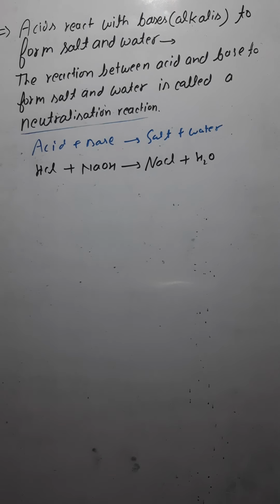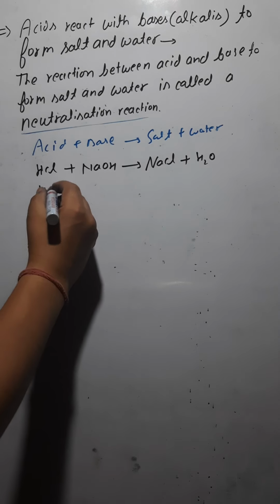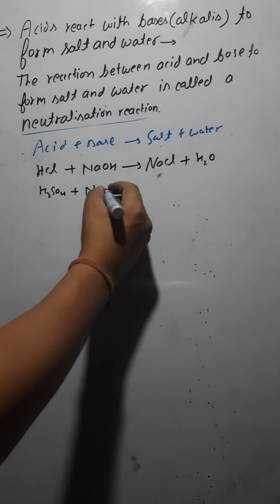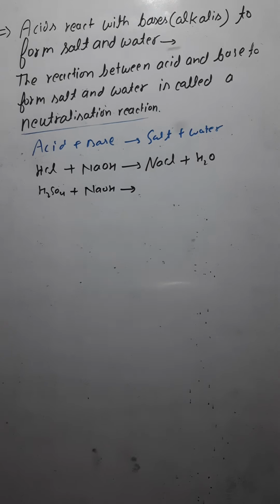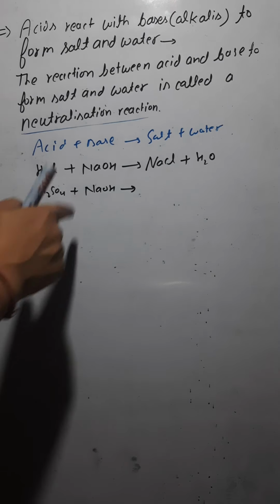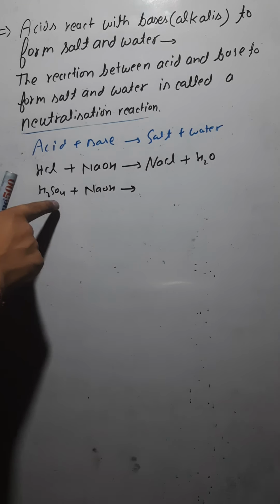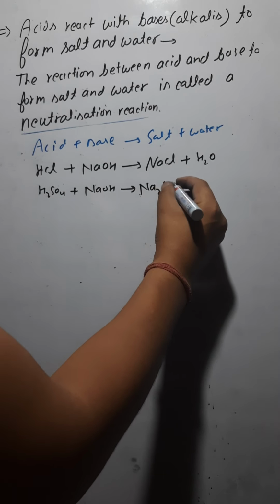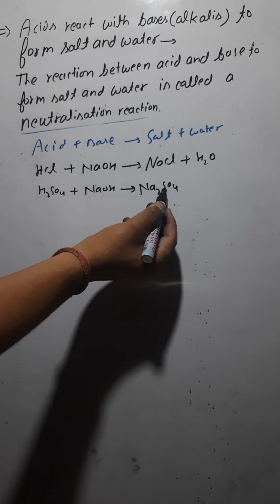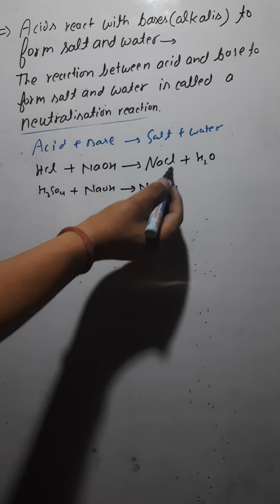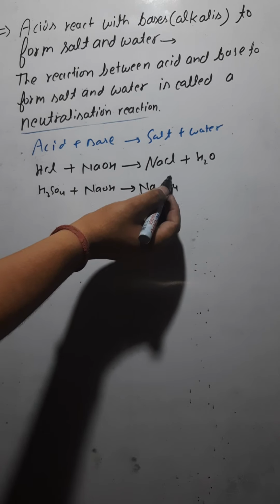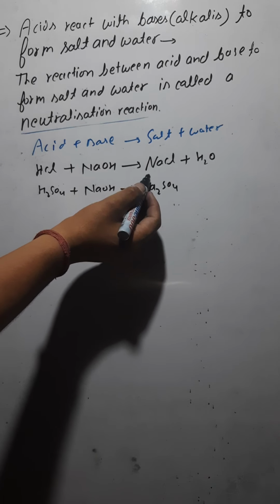Now we have another example: H2SO4 reacting with NaOH, sodium hydroxide. If these two react, what would they form? Again salt, sodium sulfate, that is Na2SO4. Why Na2SO4? Because the charge on SO4 is -2, and Na has +1 charge.